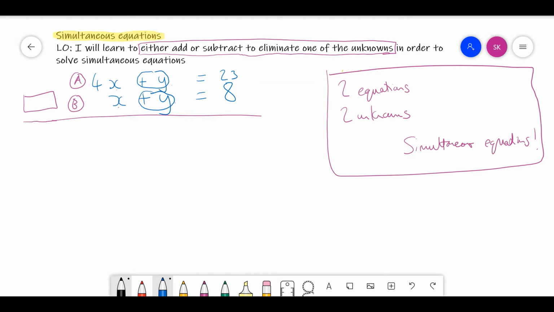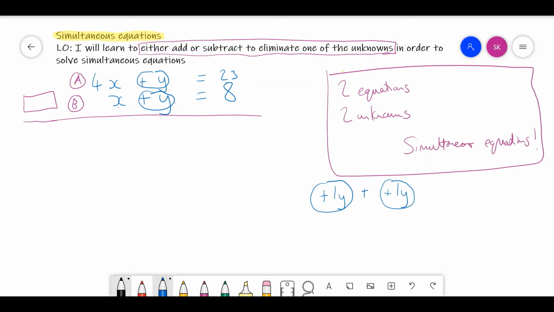So I've got a positive y in equation A, and I've got a positive y in equation B. How can I eliminate both the y's? If I have positive 1y and another positive 1y, what do I have to do to them to eliminate them? Do I have to add or subtract? Well, let's try adding them first.